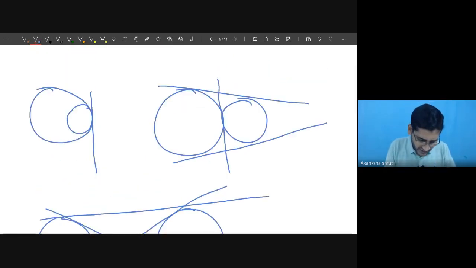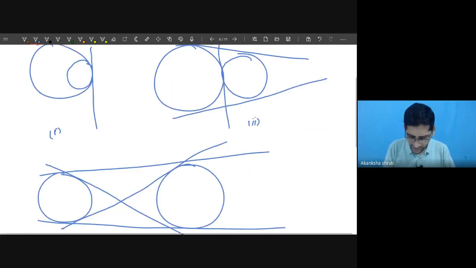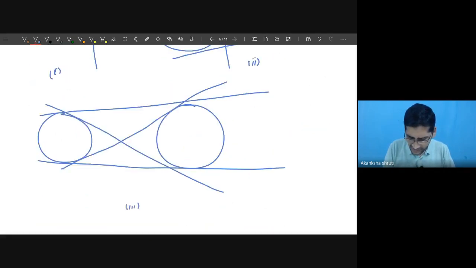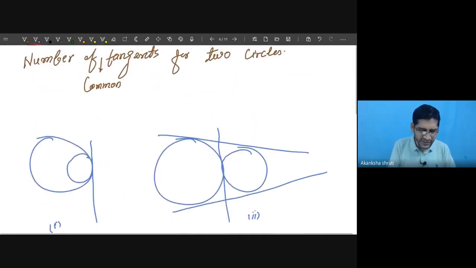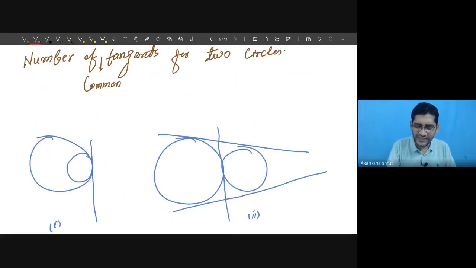So we have to write this situation 1, 2, and 3. There could be three situations. The number of common tangents for two circles can be one only, or 3, or 4.